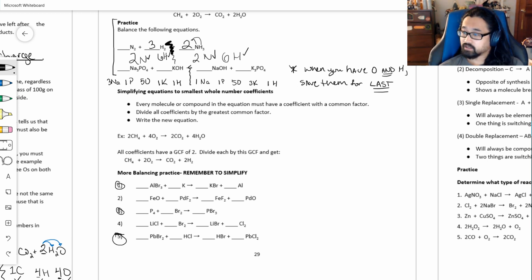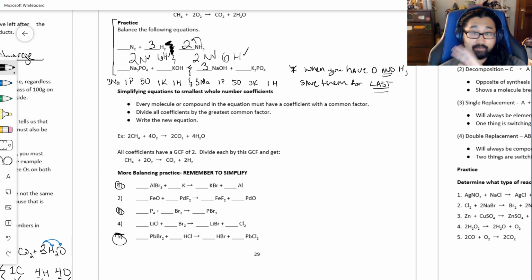So let's address sodium first, Na. I need a 3 here, and that will mean that I have 3 sodiums. Now, there is also an oxygen and a hydrogen in this compound. But I just said, save them for last, ignore them.